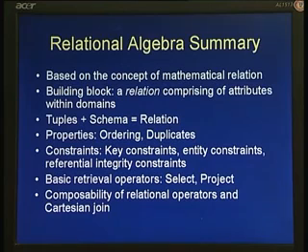Just to revise what we have already seen, the relational algebra is based upon the notion of a mathematical relation. A mathematical relation, as we saw before, represents a mapping between two or more domains. Essentially, one relation represents a mapping between two domains that relates each element of a particular domain to some other element of another domain.